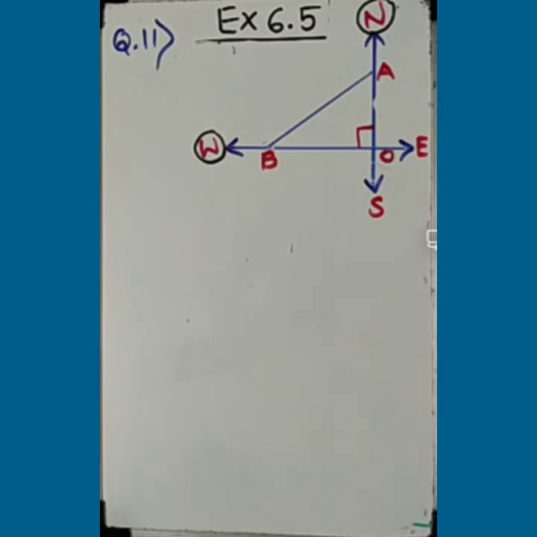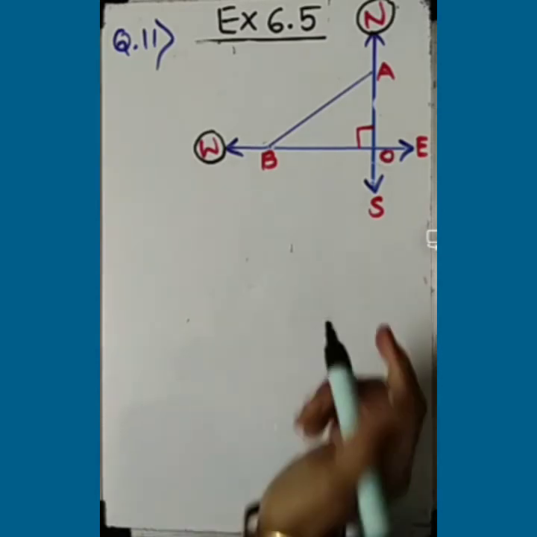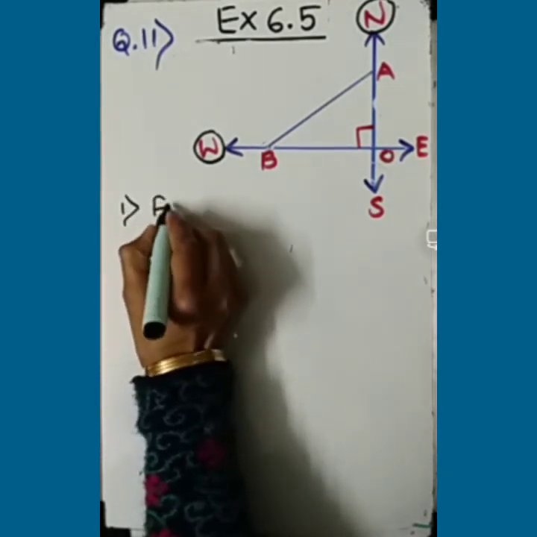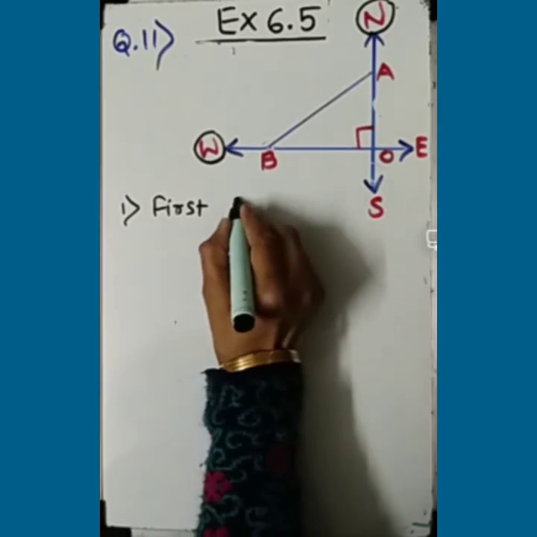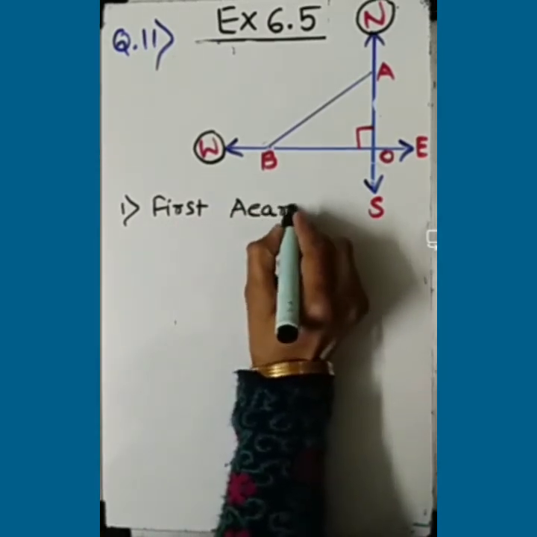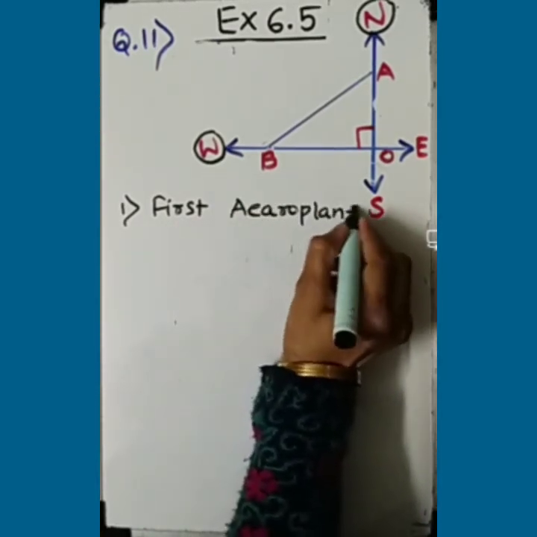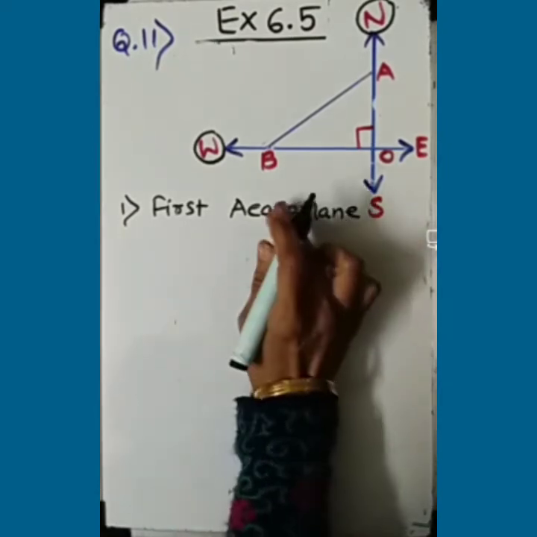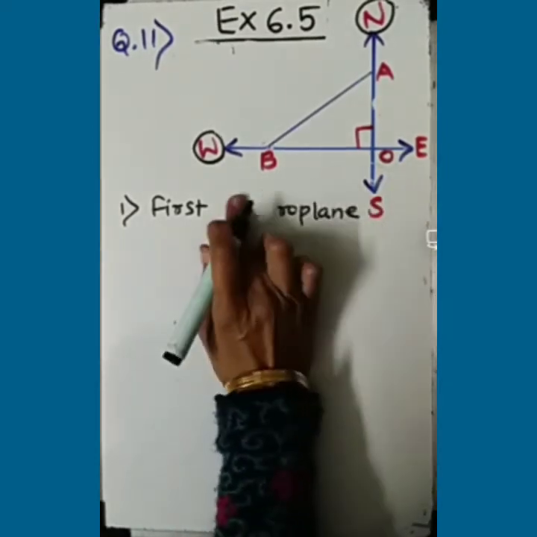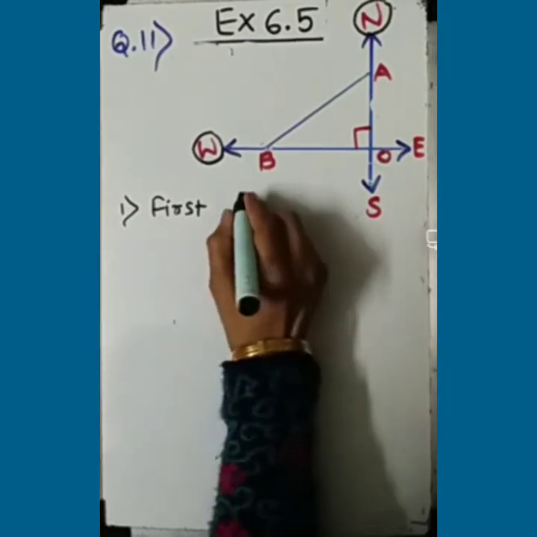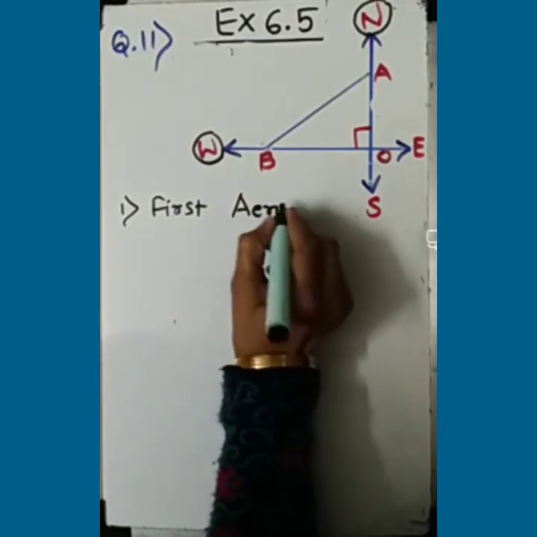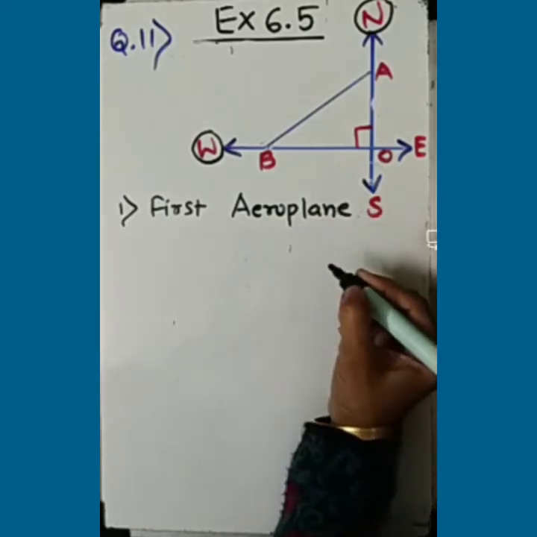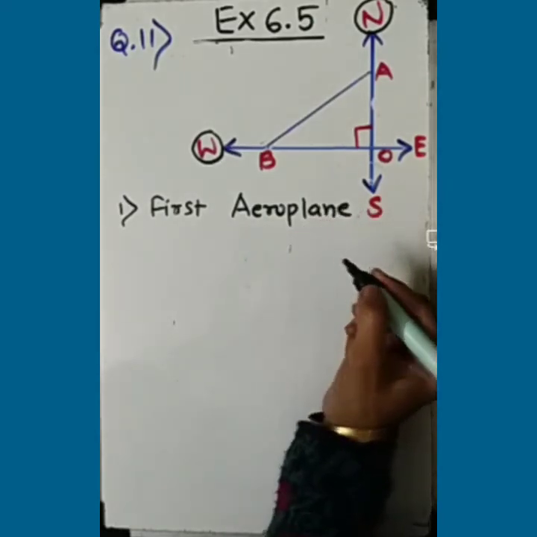We need to write, first for the first aeroplane. The first aeroplane's speed is 1000 km per hour.